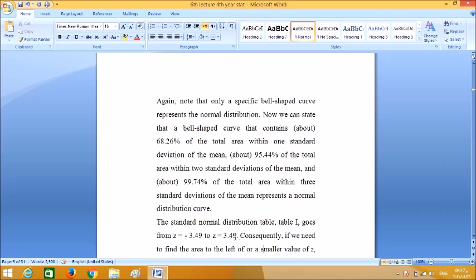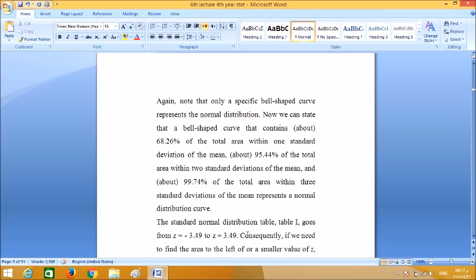Okay, so for any number less than this, when z equals any number less than minus 3.5, the area under the distribution will be 0. And for any z larger than 3.5, the area under the distribution will equal 1.